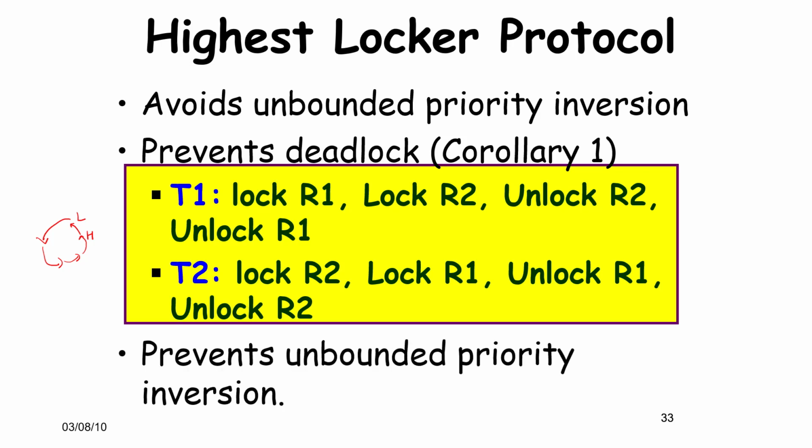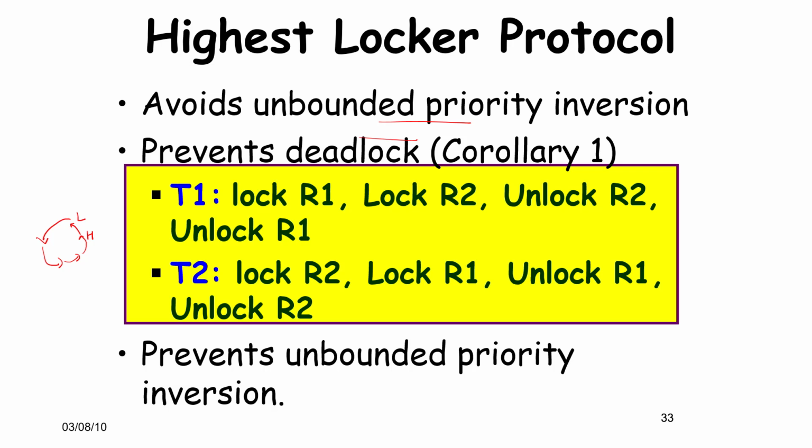And of course, unbounded priority inversion comes along with it. So all our enemies, unbounded priority inversion, deadlocks, and chain blocking, are all destroyed by the highest locker protocol.